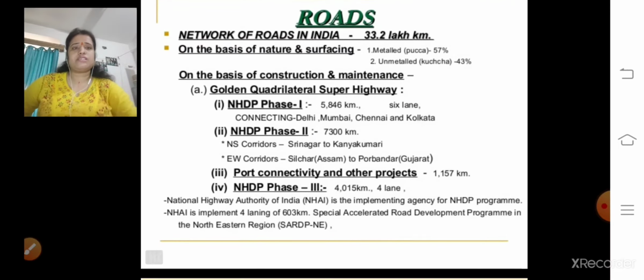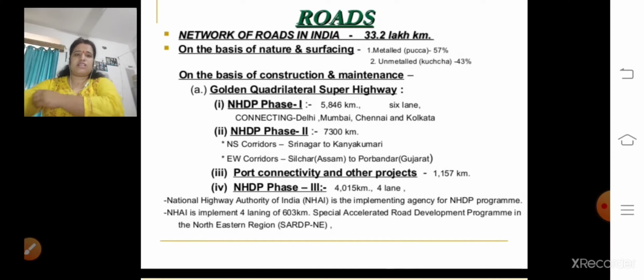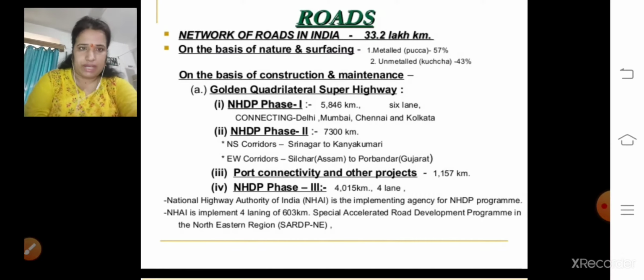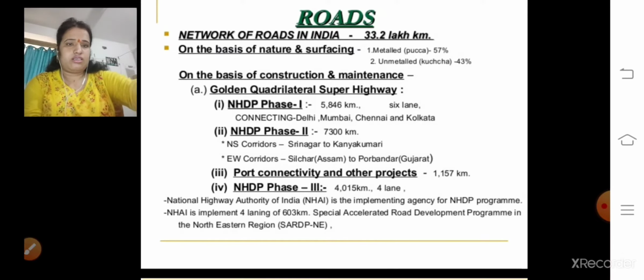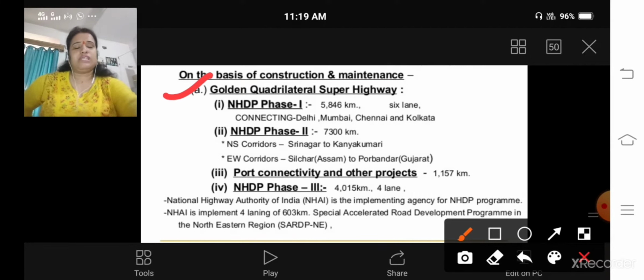Now next, roads classification on the basis of capacity and significance we have done. The first one is golden quadrilateral super highways. This super highway actually connects your four metropolitan cities.